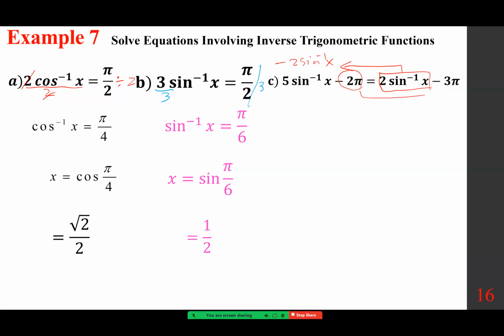If I move negative 2 pi, it becomes positive 2 pi on the right. So these two give 3 sine inverse of x. These two give negative pi.